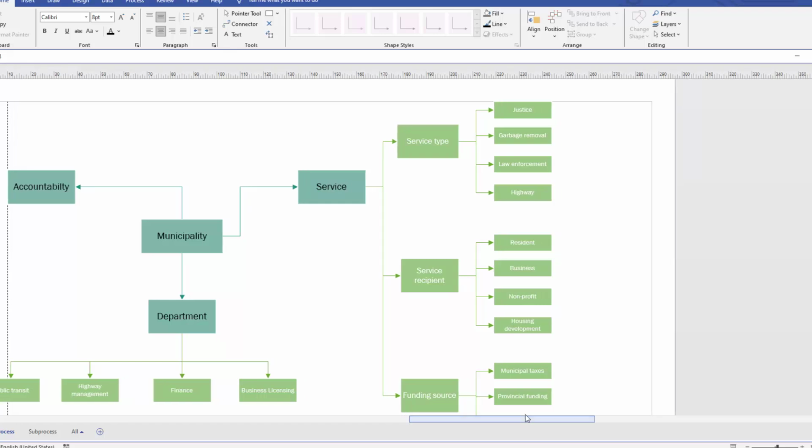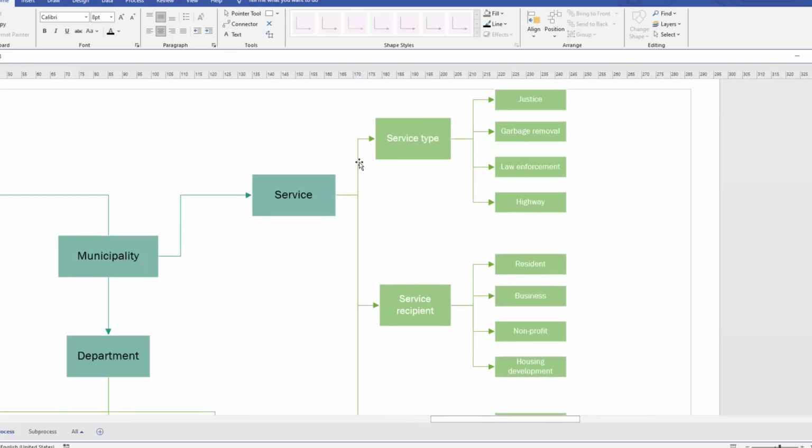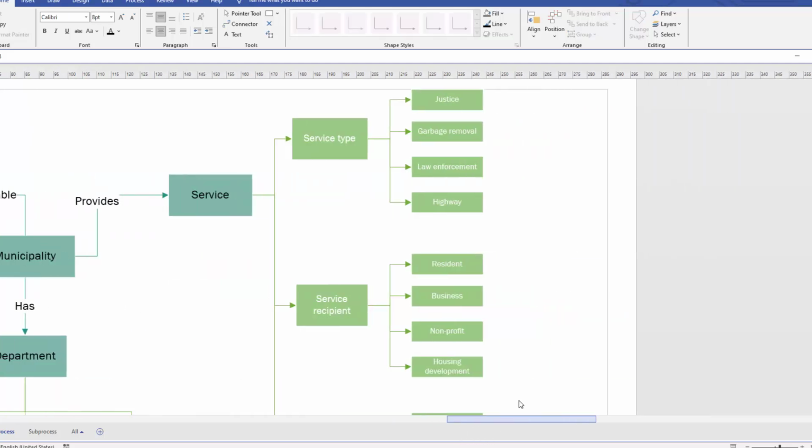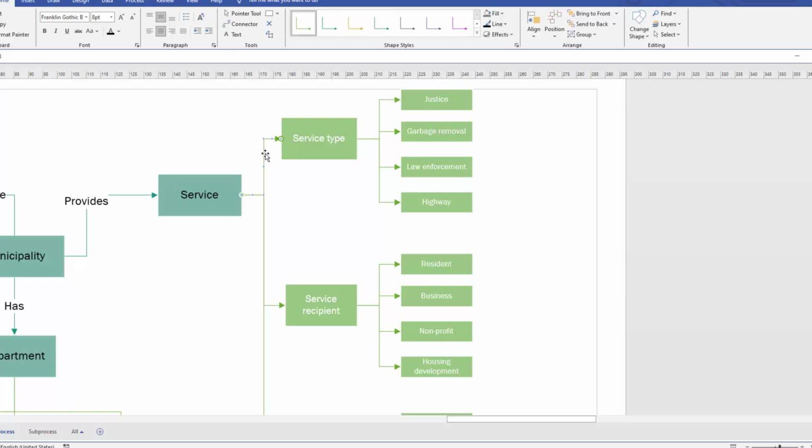Now, before we get too much down this path, let's remember to name the arrows, and normally you would do it as you draw it. So first of all, municipality provides services. The municipality has departments. The municipality has various accountabilities. And as we go back to services, their services belong to different service types or service categories. Maybe we should call it a category.